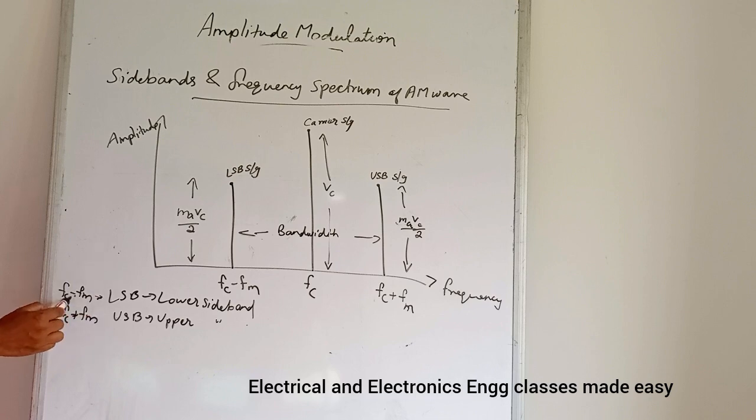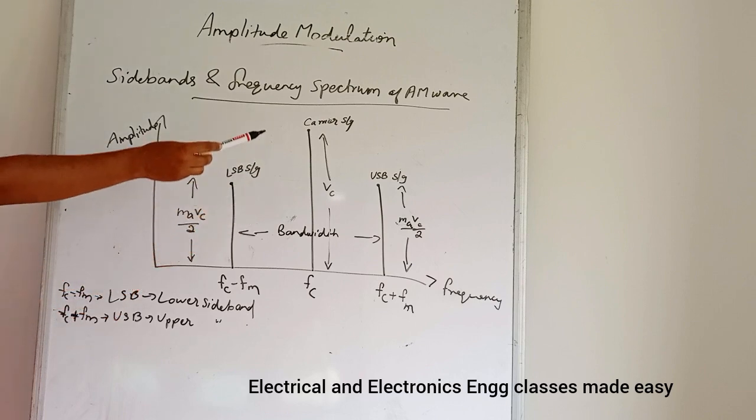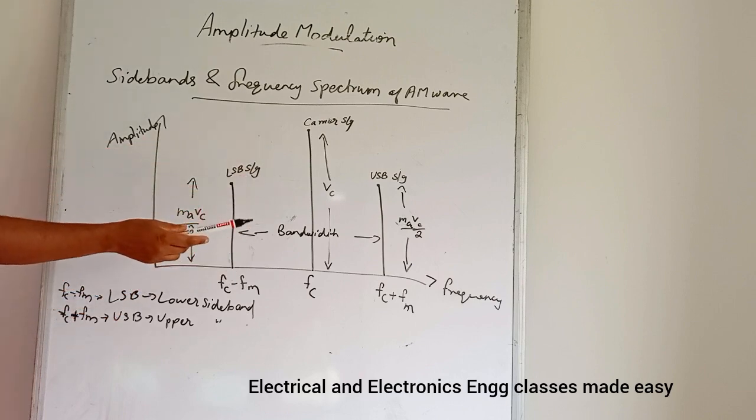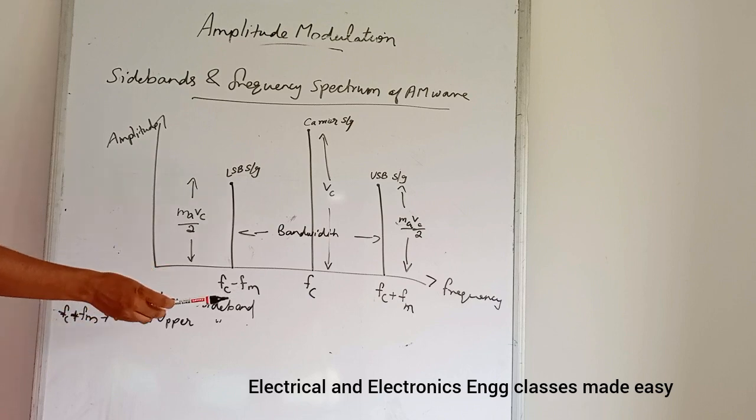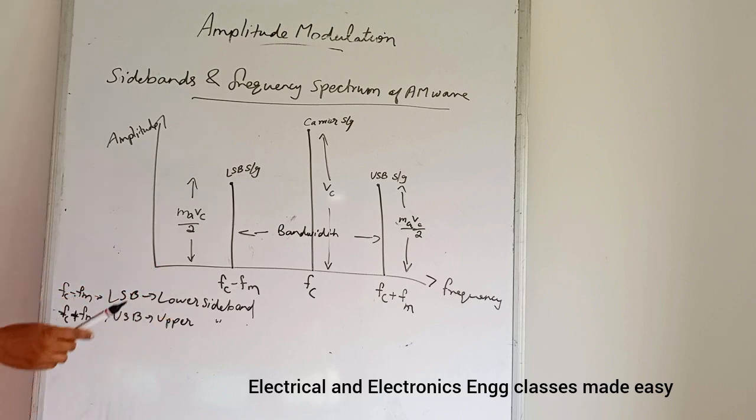The frequency Fc minus Fm is called lower sideband frequency, and Fc plus Fm is called upper sideband frequency. And the two new frequencies which appear on either side of the carrier frequency are called sidebands, and the sidebands carry the complete information.